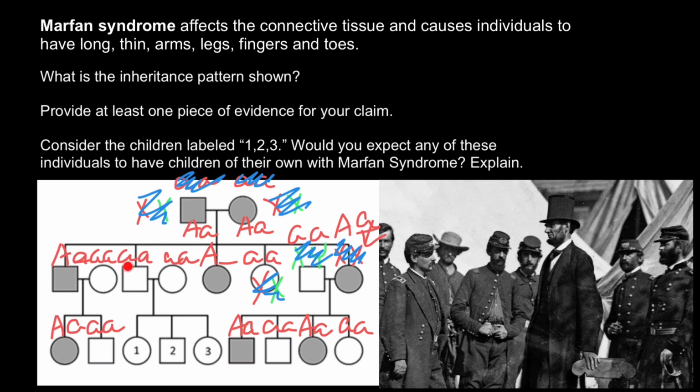And of course, two parents who are homozygous recessive would have all children homozygous recessive for this trait. And as you see, all these three children would also have phenotypically and genotypically normal children, unless, of course, they marry someone with this genetic disorder, which we have found is autosomal dominant.